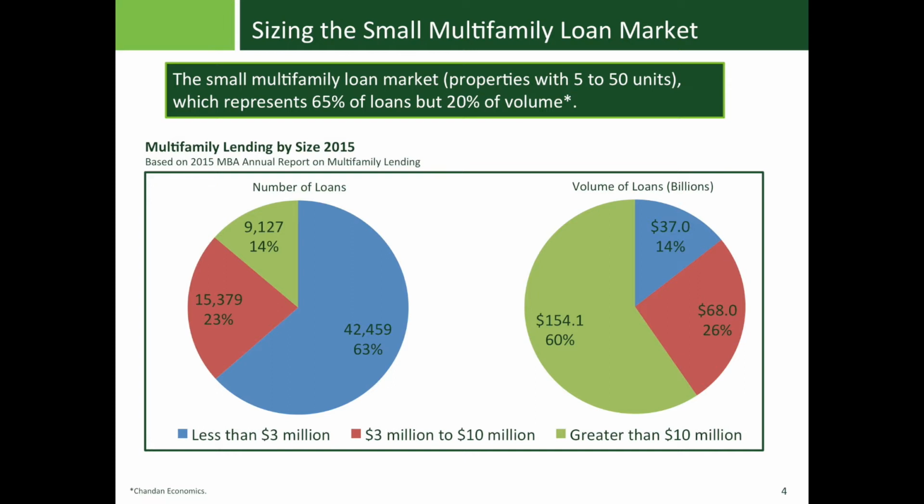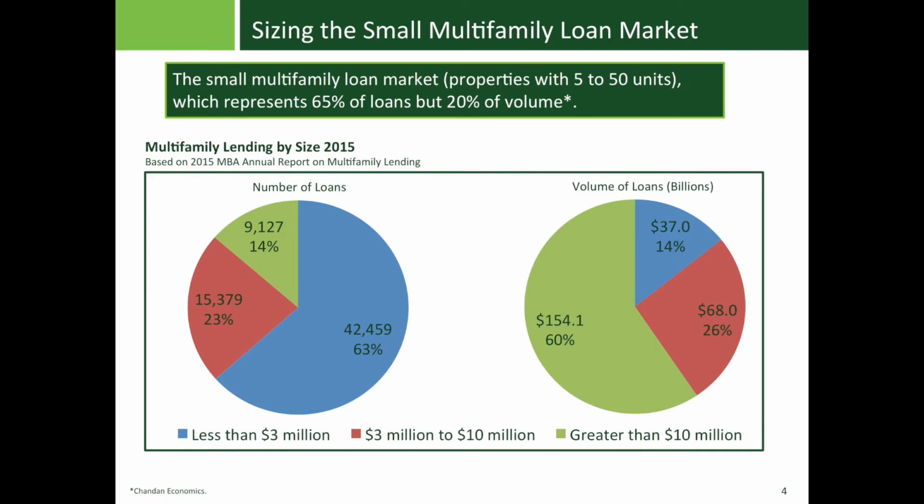When we include the next tranche from $3 to $10 million, which goes just a little bit above the cutoff for small balance lending, we're looking at another 23% of all of the loans. So it's a relatively smaller share of the overall balance of loans outstanding, but it certainly accounts for most of the lending activity.